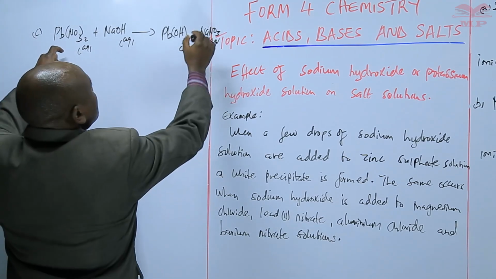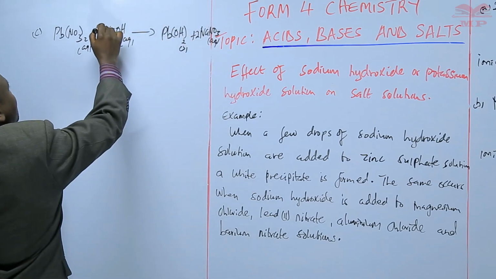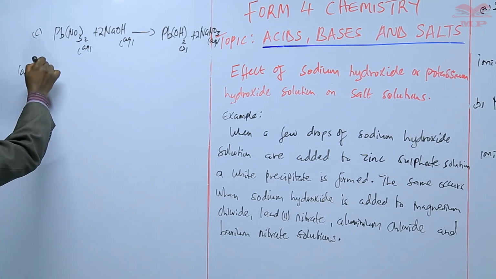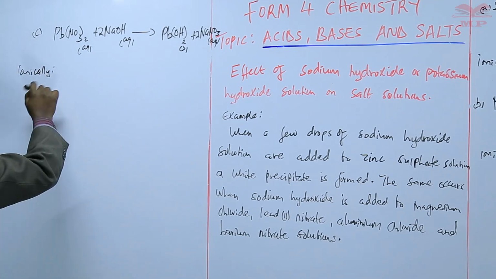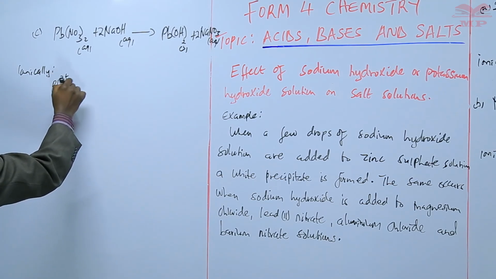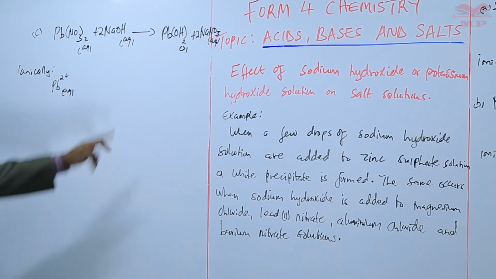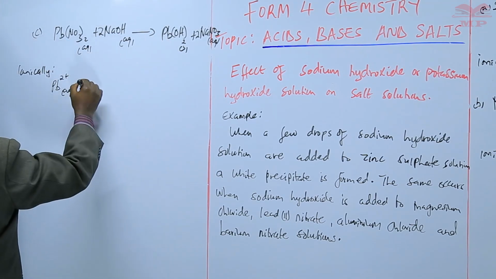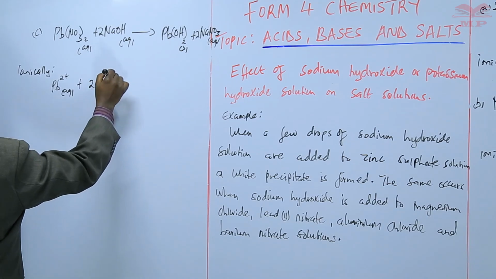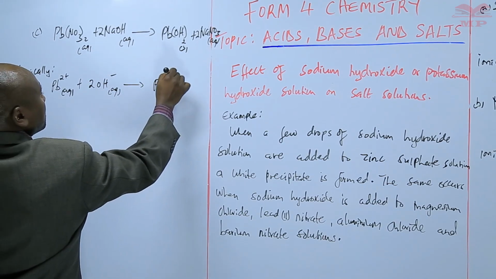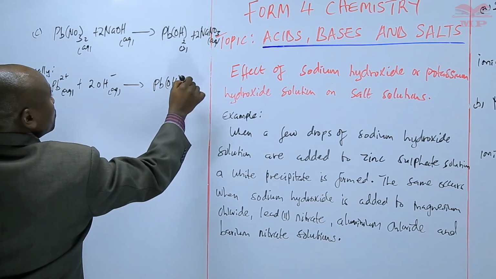Balance the nitrates and the sodium. Ionically, that is the ionic equation, we have lead ions. The ionic equation is only those that are forming the precipitate, that is the lead ions and the hydroxide ions, to form lead 2 hydroxide.